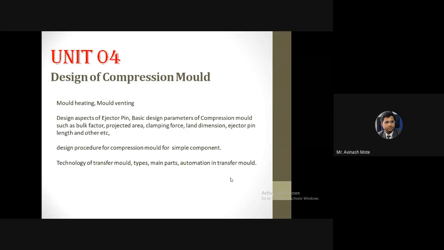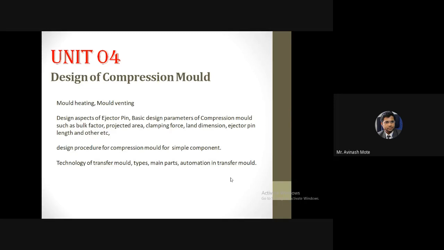Just take an example of the material of the mold cavity. If in that mold cavity we are going to pour very high temperature molten material, then the thermal expansion coefficient, which you have studied in heat and mass transfer, or you will study it, should be low.